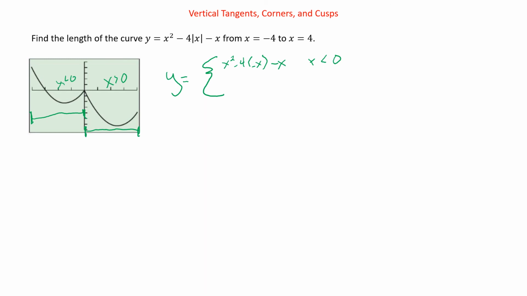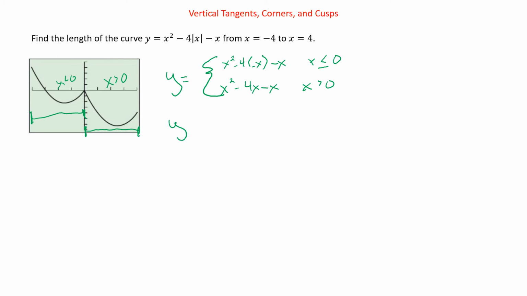And then when x is positive, the absolute value is just the x value. So we'll have x squared minus 4x minus x when x is greater than 0. And one of these two just needs to be an or equal to, because they meet at that point, so it doesn't matter which one's or equal to.